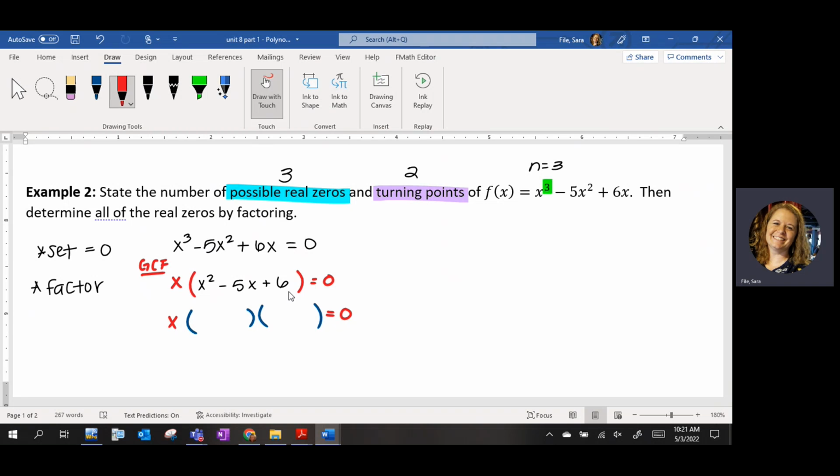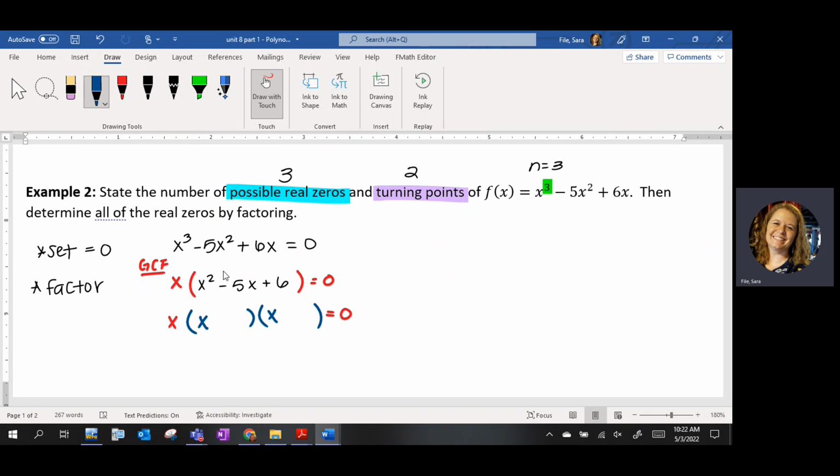That doesn't change. Looking at this trinomial, because the a value is 1, this is a relatively easy one. I would just use guess and check. I wouldn't go through a long process because when a is 1, x squared factors to x times x. Then you just need to know what 6 factors to. The fact that it's positive means they have to be the same sign, so either both positive or both negative.